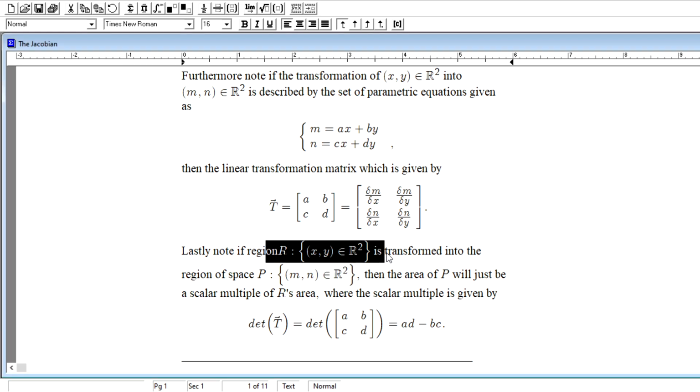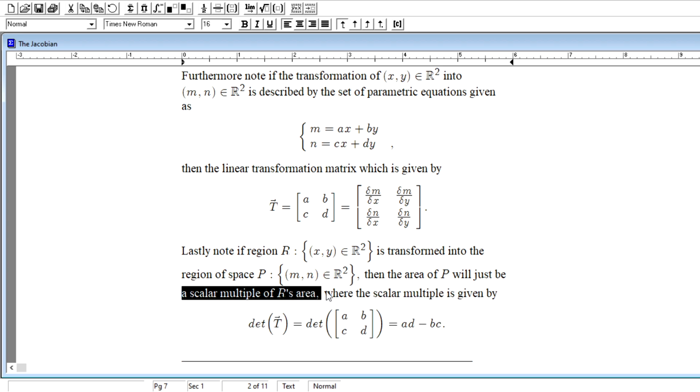Okay, so sorry, I was interrupted there. If region R, defined in this 2-dimensional space by the coordinates x, y, is transformed into the region of space P, which is given by a set of m and n coordinates also in 2 dimensions, then the area of P will just be a scalar multiple of R's area.